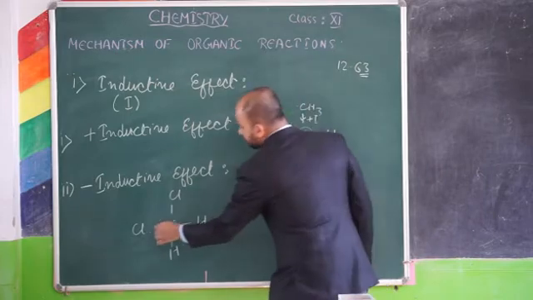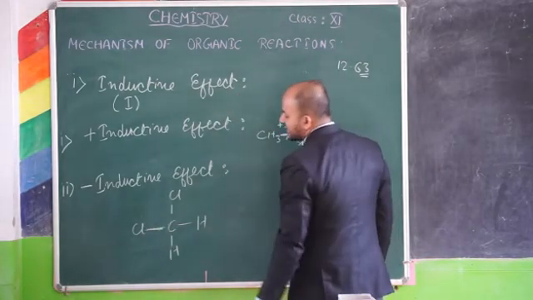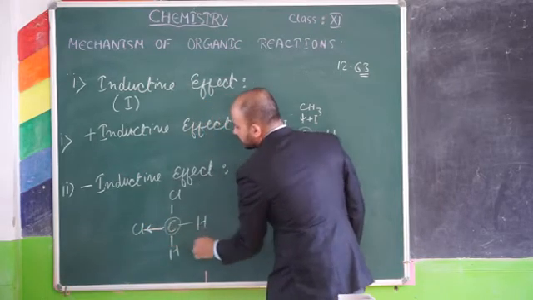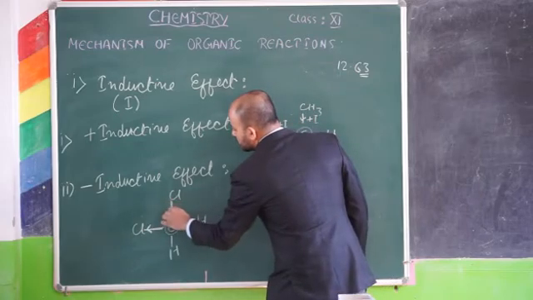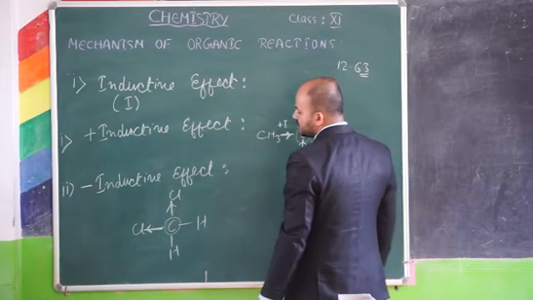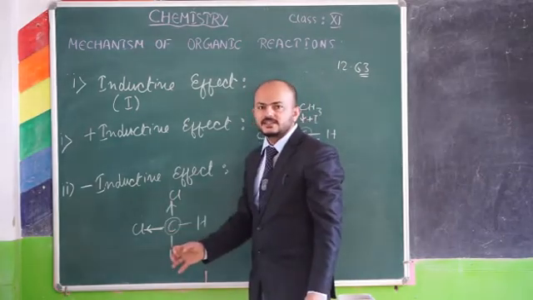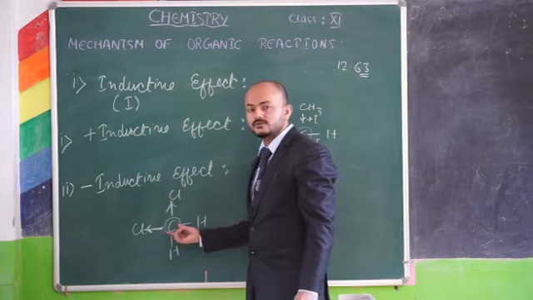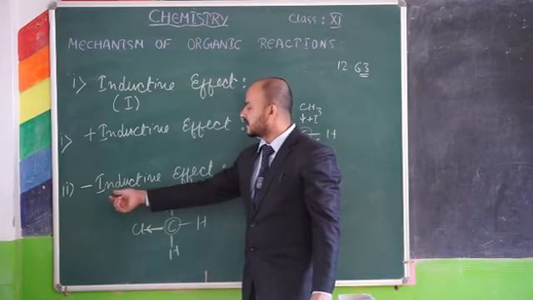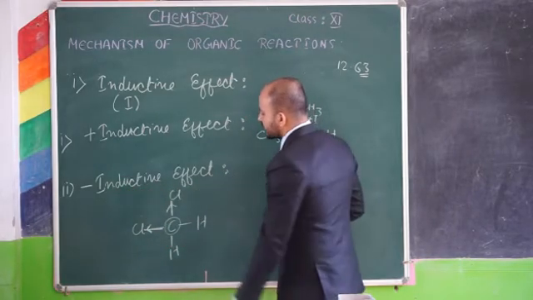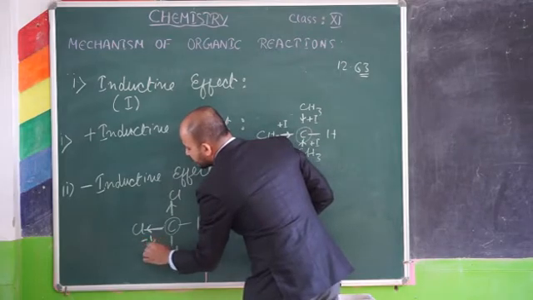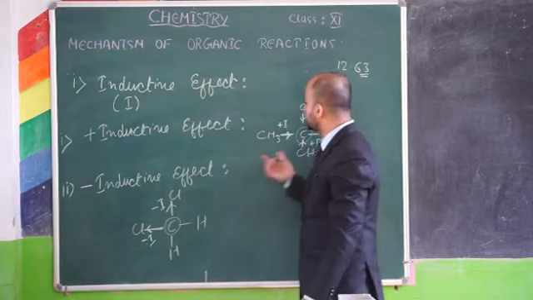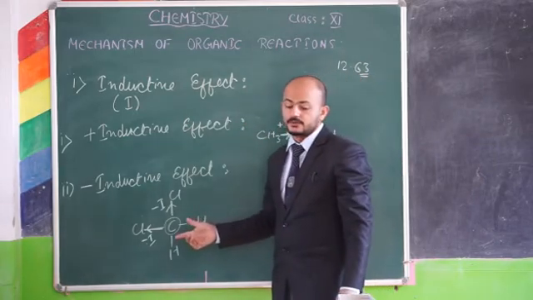This chlorine is taking the electron away from this carbon center. This chlorine is also taking the electron away from the carbon center. That means the electron density over this carbon is being decreased. This effect, which decreases the electron density over this carbon, is said to be showing minus inductive effect. How many minus I effects are there? 1 and 1. That means 2 minus I effects are present in this particular compound.